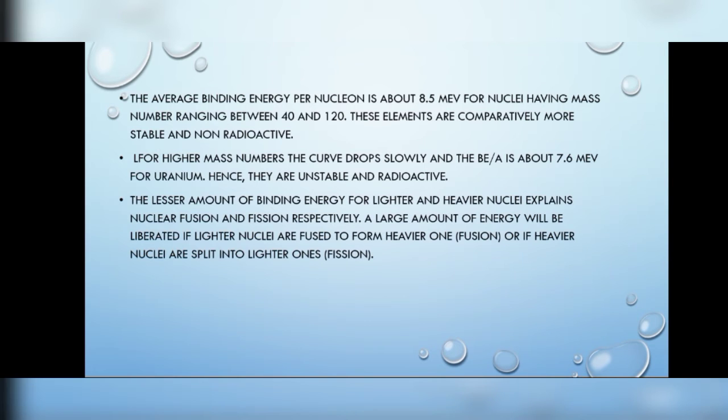Hence, they are unstable and radioactive. The lesser amount of binding energy for lighter and heavier nuclei explains nuclear fusion and fission respectively. A large amount of energy will be liberated if lighter nuclei are fused to form heavier ones, fusion, or if heavier nuclei are split into lighter ones, fission.